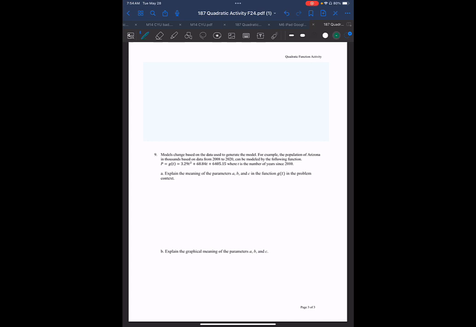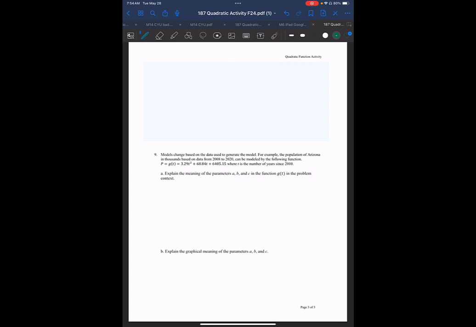So continuing on through this activity, we're going to look at problem number 9, which says models change based on the data used to generate the model. For example, the population of Arizona in thousands, based on data from 2008 to 2020, can be modeled by the following function.